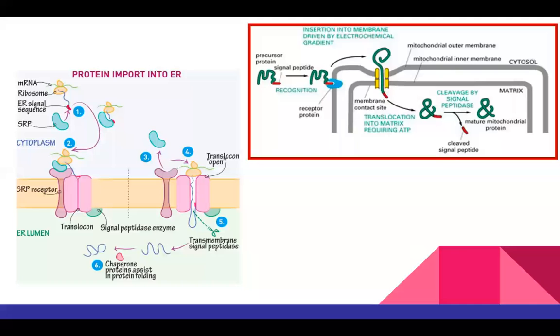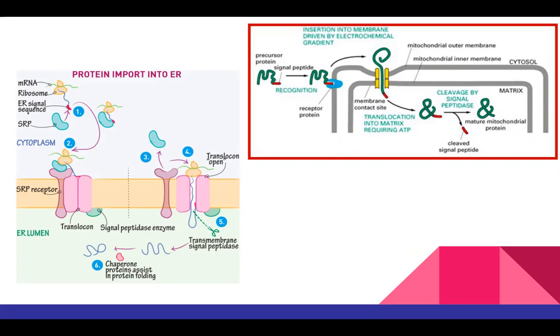This is a diagram reiterating what I was saying earlier. You can see how the ribosome docks to the ER, and while the protein is being synthesized by the ribosome, the sequence is recognized by SRP, which draws the protein into the ER.